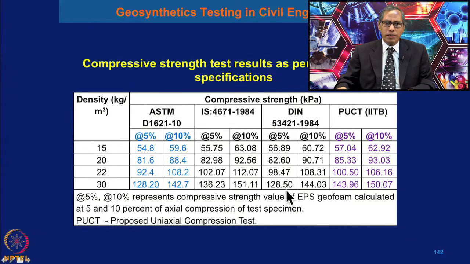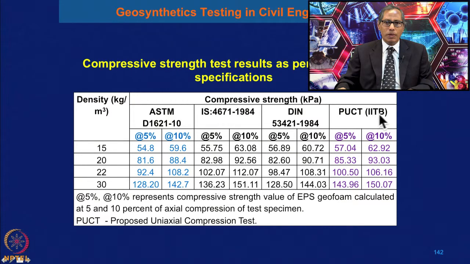For a density of 30, it is 128.50. Similarly, for the 10% strain, for density 15 it is 60.72, for 20 it is 90.71, for 22 it is 108.31, and for 30 it is 144.03 kilopascal.